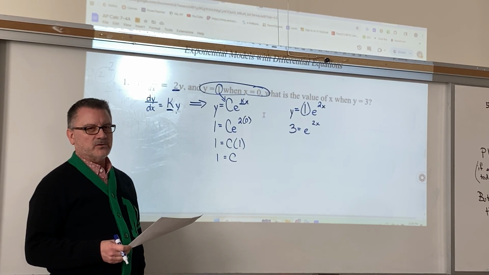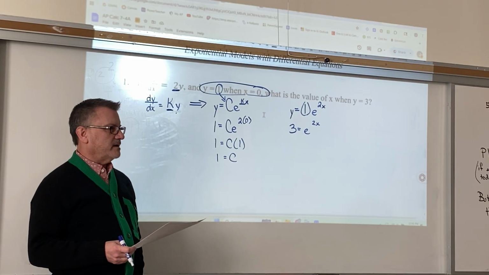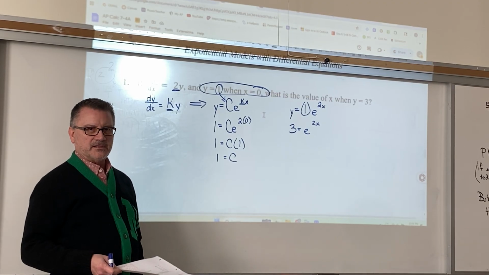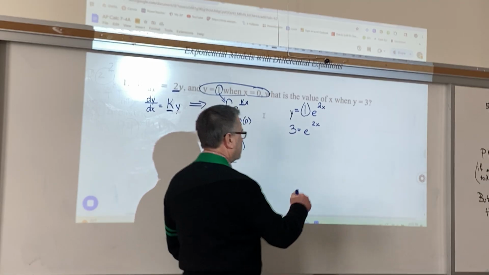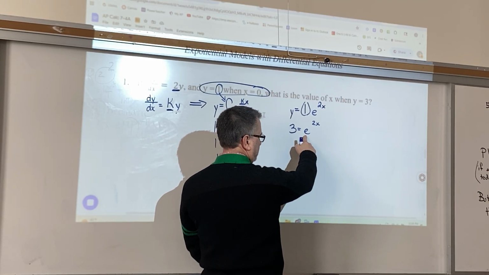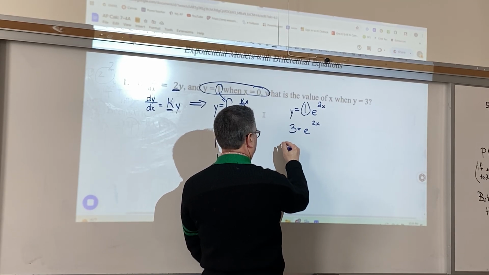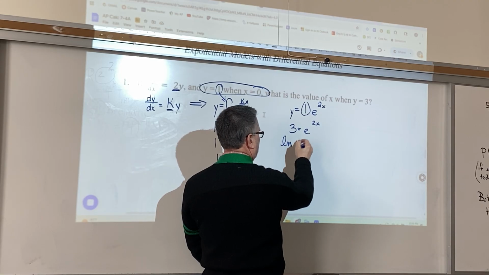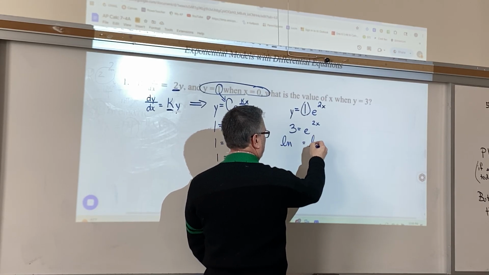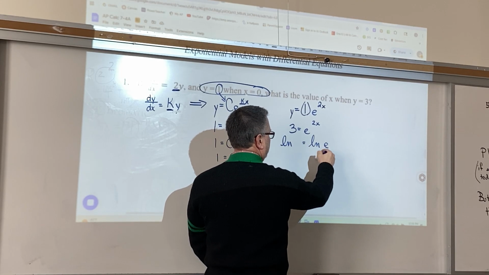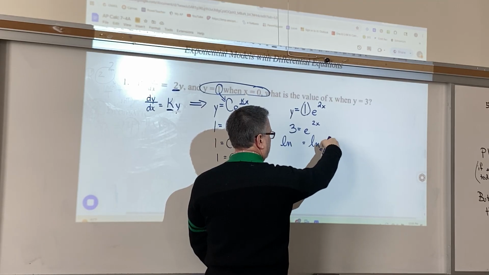You're probably going to want a natural log of both sides, because the only way to get a variable down from the exponent is to take the log of both sides. And I'm probably going to want to use log base e, because again, I'm looking at this side right here. Probably going to natural log that side, because that's base e, it just leaves that.